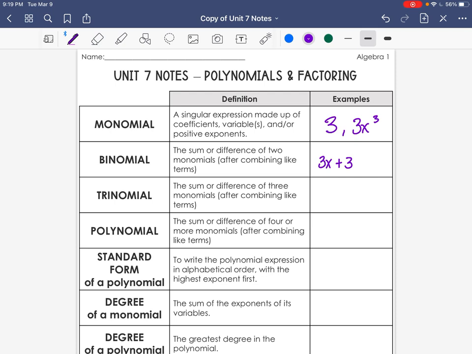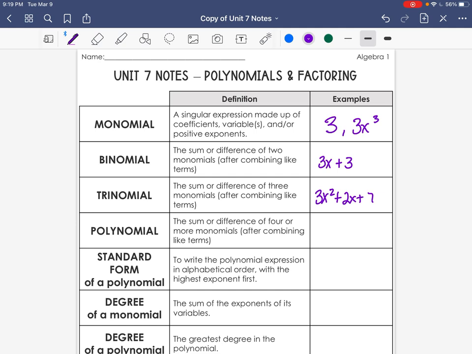And what we're going to typically see is going to be something like 3x squared plus 2x plus 7. So that's a typical trinomial that we're going to be seeing a lot of as this unit progresses. And a polynomial is the sum or difference of four or more monomials after combining like terms.